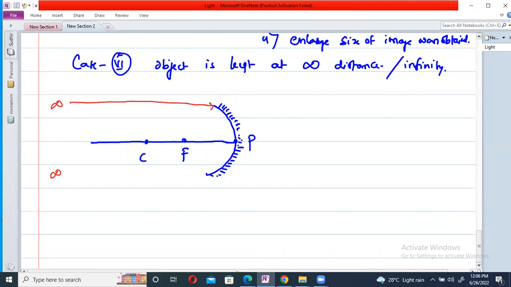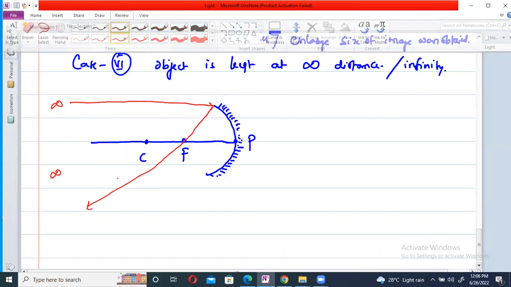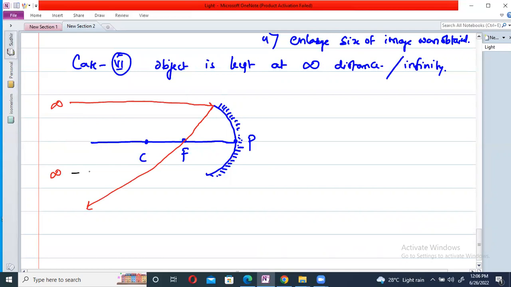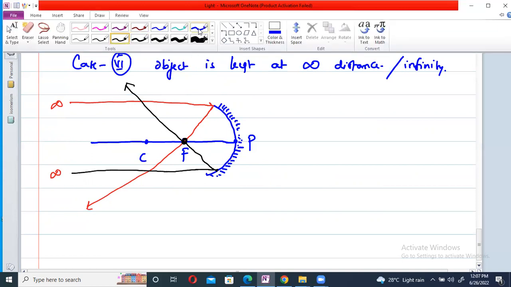When they are incident on the mirror, the reflected rays should pass through the focus F. Again, the same, rays coming from infinity are incident on the mirror, and the reflected rays pass through the focus F. See, when these two rays meet at this point F, our image will be obtained at the point F. So the image will be obtained only at the point F.